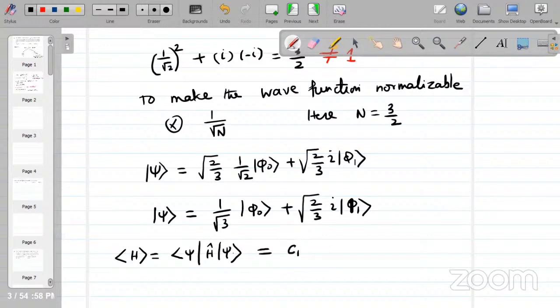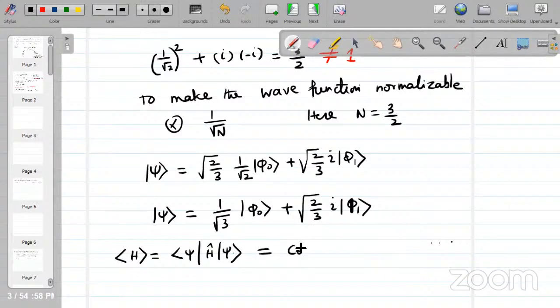So the coefficient squared times lambda 1, plus the next coefficient squared times lambda 2. So what is lambda 1 here? Lambda 1 is the eigenvalue of the operator corresponding to the state phi naught. Maybe I should write lambda naught and lambda 1, since the notation starts from naught.